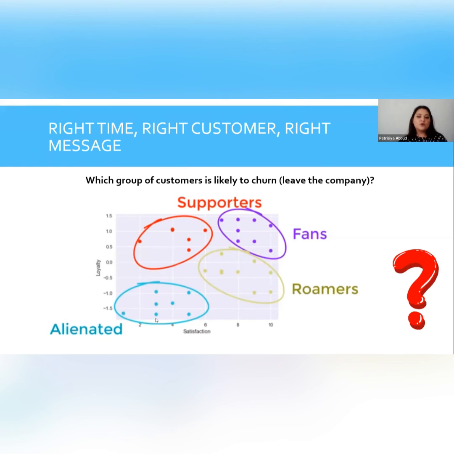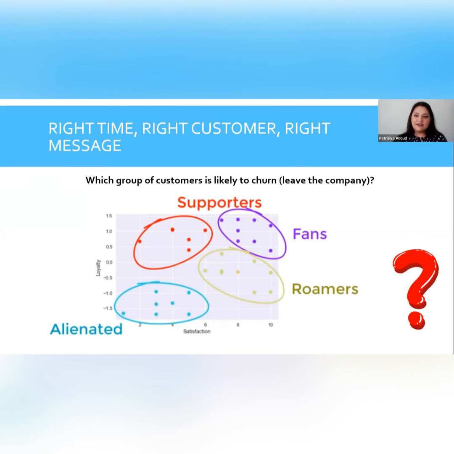They have low loyalty and they have low satisfaction. To this group of people, we can try to make a marketing move, try to send them a message and maybe re-engage them to our company.